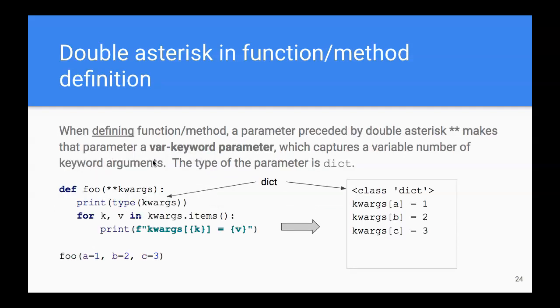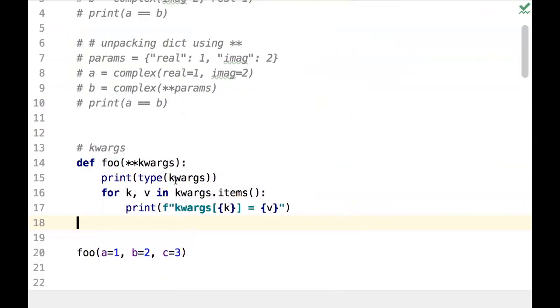Now, what about in a function definition or method definition? What does a double asterisk do when it is in front of a parameter? It makes that parameter into what's called a var keyword parameter, and it captures a variable number of keyword arguments. So let's take a look at what that actually does.